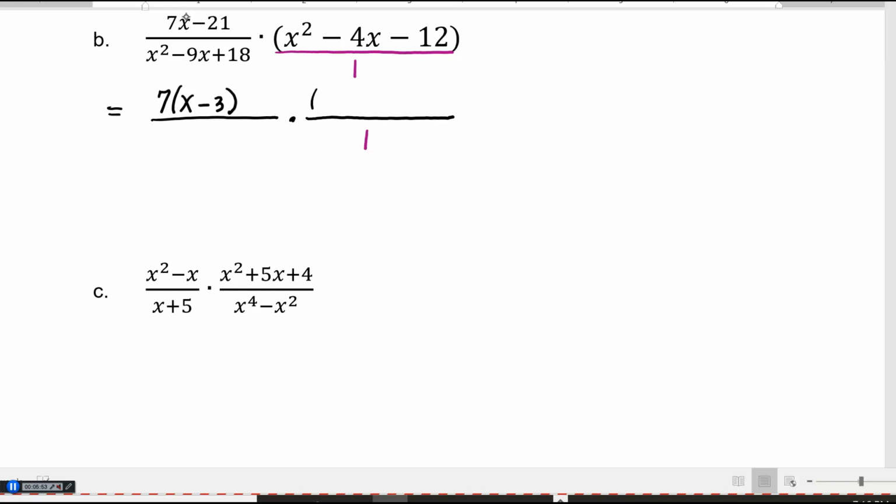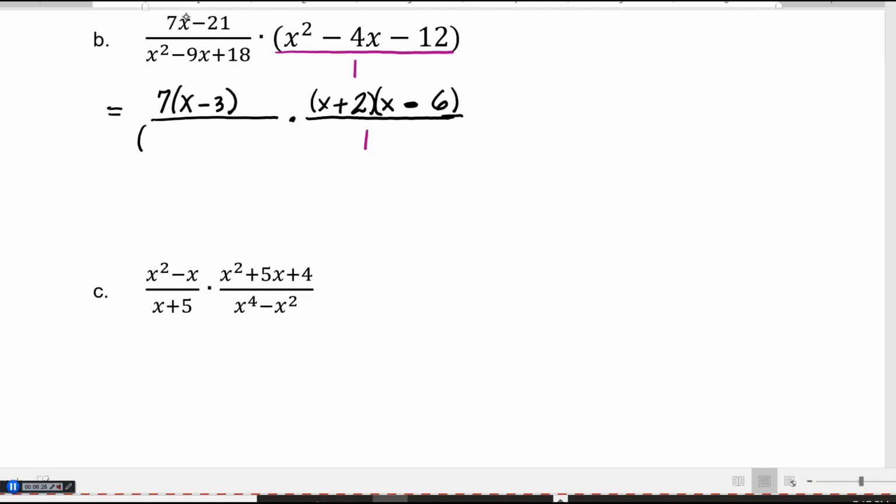Now, x squared minus 4x minus 12 is an easy case trinomial because the leading coefficient is 1, so you don't have to go through the AC method. So now we need factors of negative 12 that add to negative 4. The factors would be 6 and 2, and it would have to be a negative 6 and a positive 2 to get negative 4 when you add those.